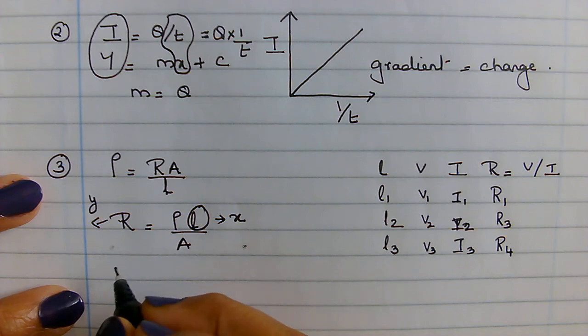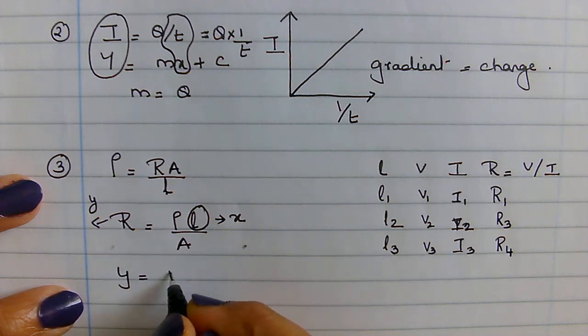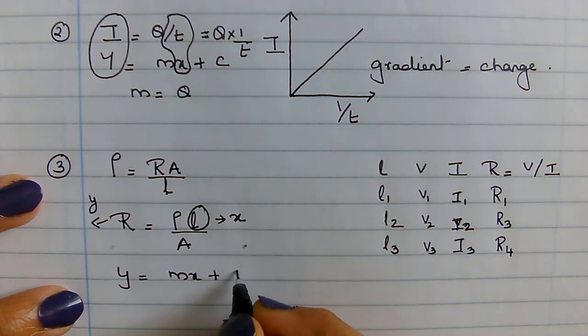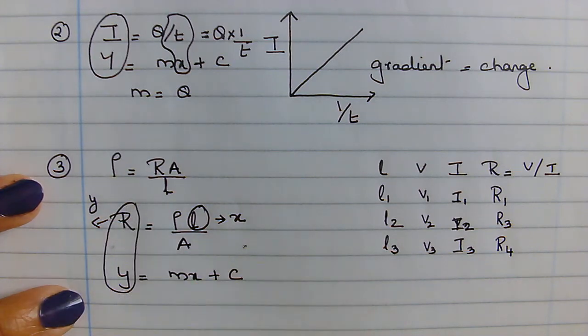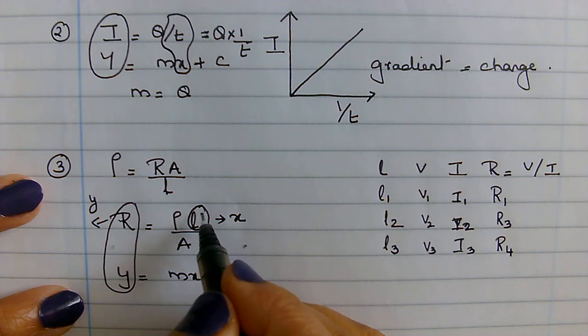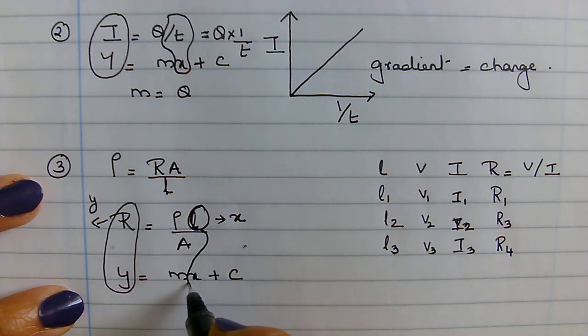In that case, if I say y is equal to mx plus c, again R is going along the y-axis. I had L along the x-axis.